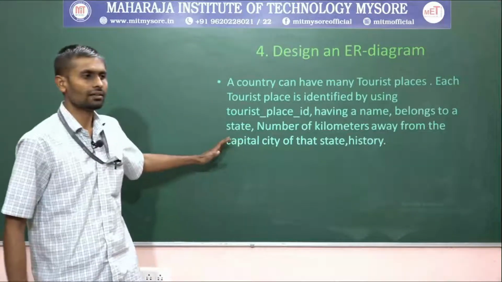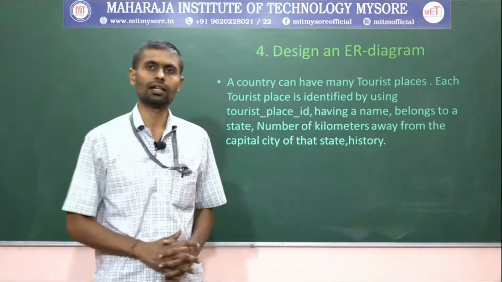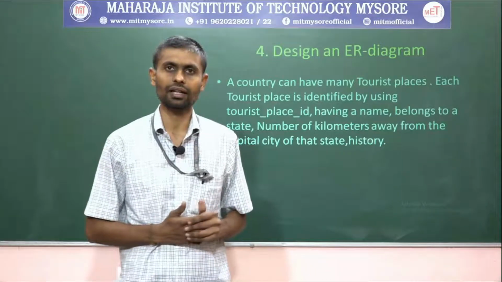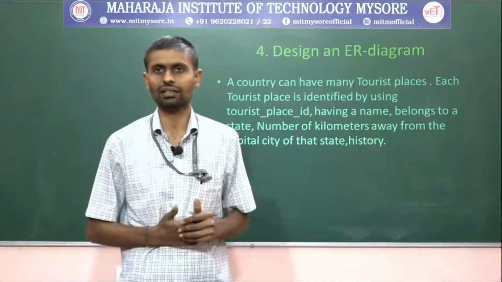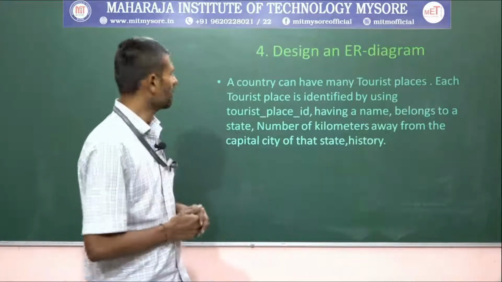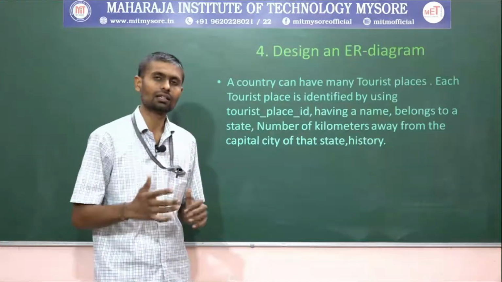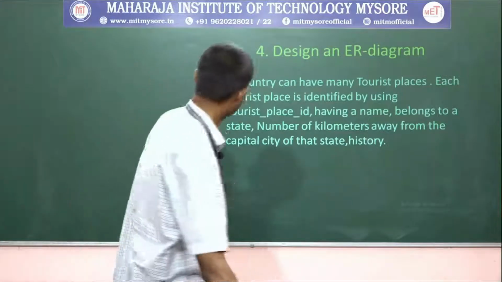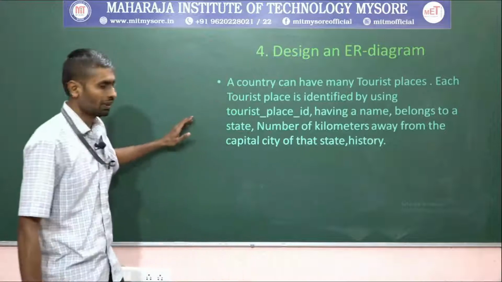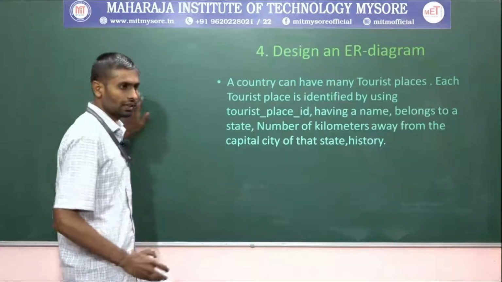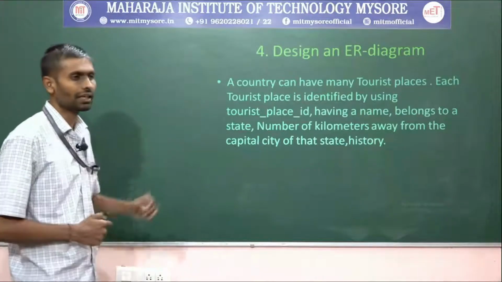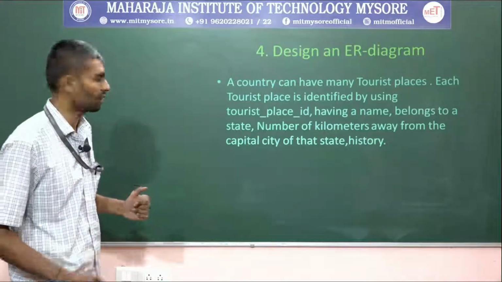It's a scenario which talks about the tourist places present in a country and the visitors. We'll go through the scenario one by one, line by line, as we did, and on the left hand side we'll construct an ER model after reading each statement of the scenario, guys.